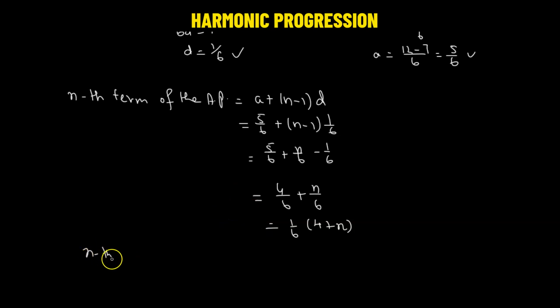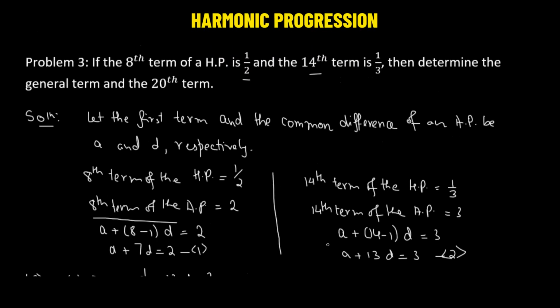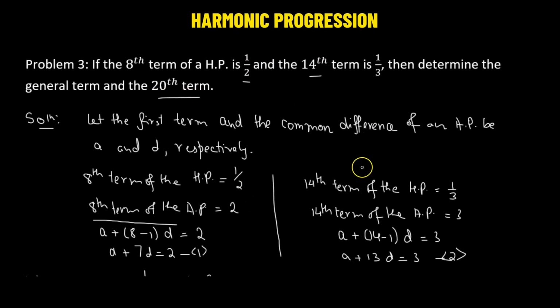Then what is going to be the nth term or the general term of the harmonic progression? All we have to do is take the reciprocal of the nth term of the AP. So we will get 6 divided by 4 plus n. So this is going to be the nth term of the given harmonic progression. And now we need to find out the 20th term as well.